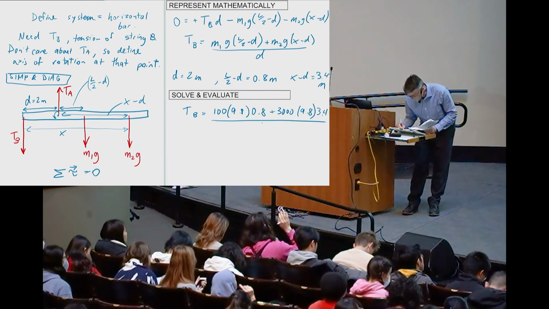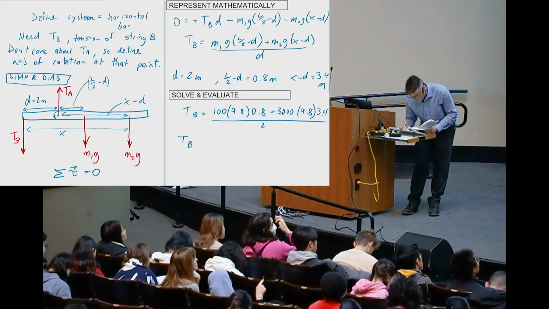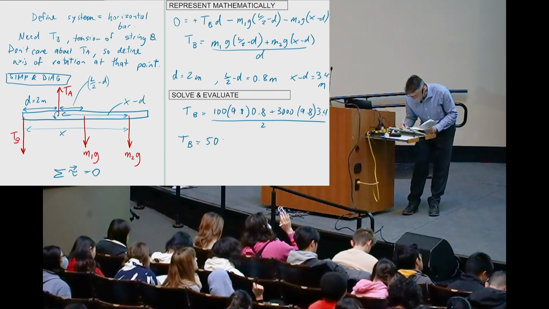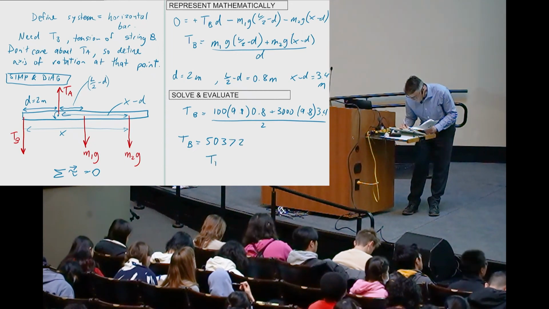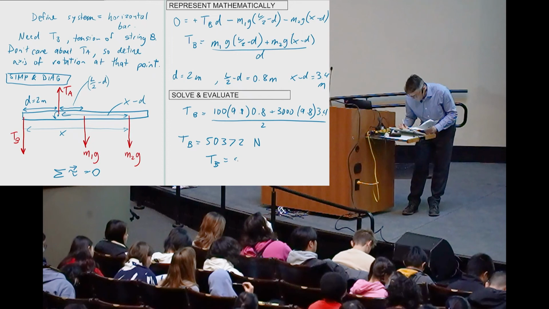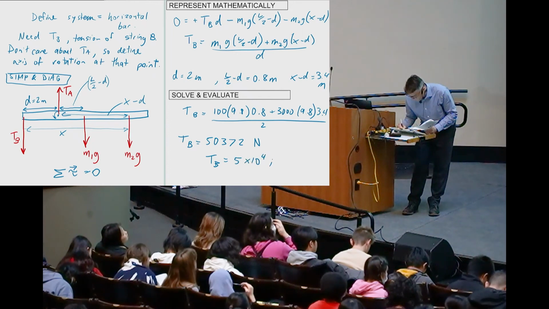You divide the whole thing by 2 meters, and I get TB is equal to 5 times 10 to the 4 newtons. So hopefully that helps you on that MyLab Mastering.